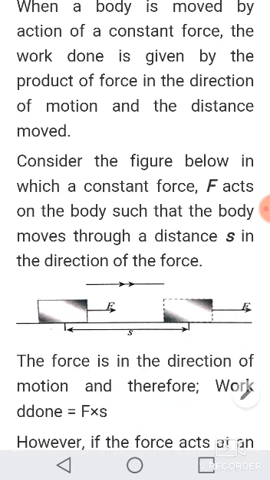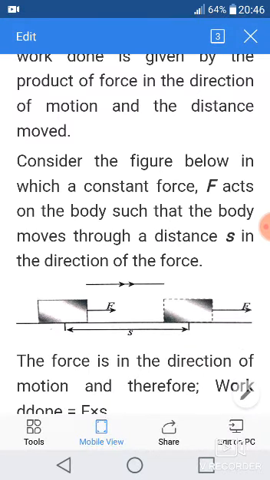Down here in our first figure, you see a force F being applied in a horizontal direction. As it is being applied, it moves through a distance S. So you find that that object, which is maybe a block or a car, moves through a distance S because a force F is being applied on it.